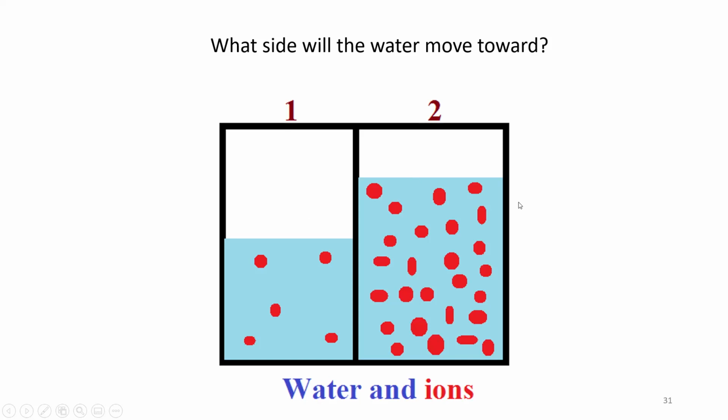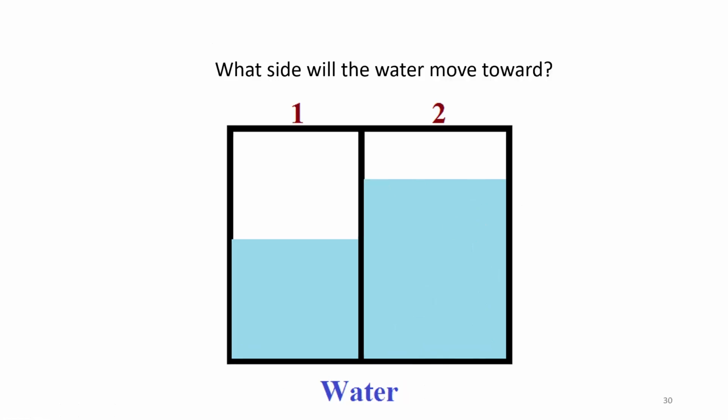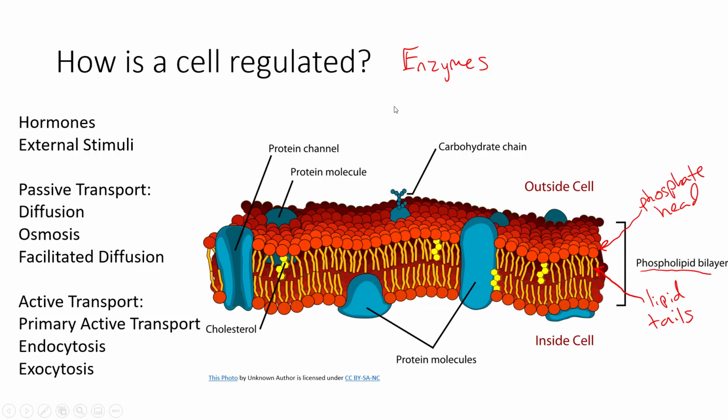That's what cells want to be happy. Cells typically want equal concentrations on both sides of the membrane. There are some exceptions to that, and those exceptions, in order to have different concentrations of substances on each side of the membrane, usually require energy.